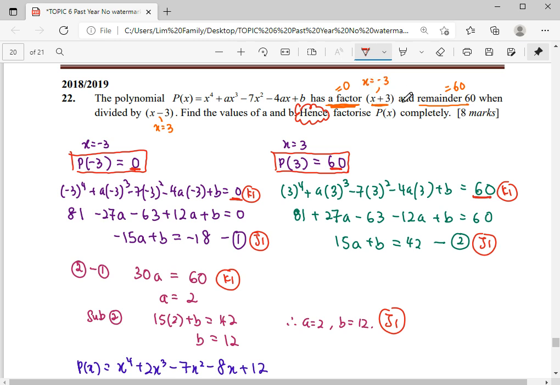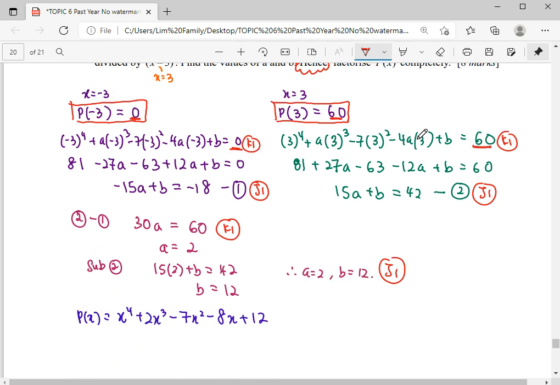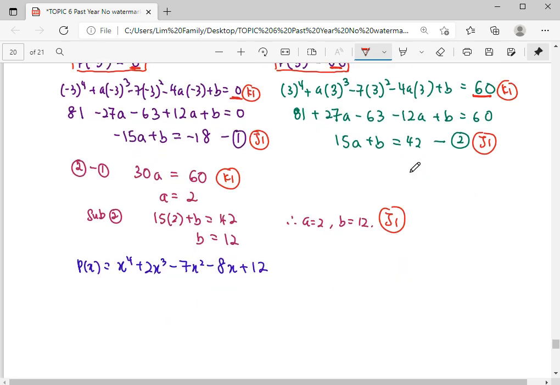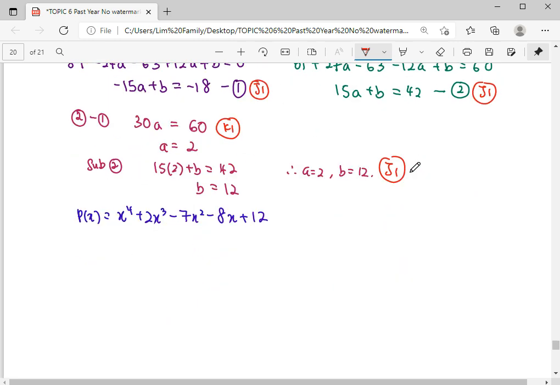So you can use one of the factors from here. So your polynomial will be equal to one of these factors and the other factor will be a cubic factor. So we proceed to our factorize completely. So we take our polynomial.